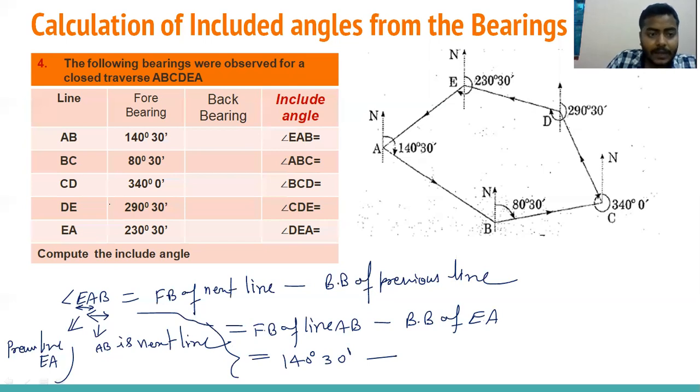The fore bearing of line EA is given, and it is greater than 180 degrees. So now you can calculate the back bearing, that is fore bearing minus 180 degrees, meaning 360 degrees 30 minutes minus 180 degrees. So that would be the back bearing, right?